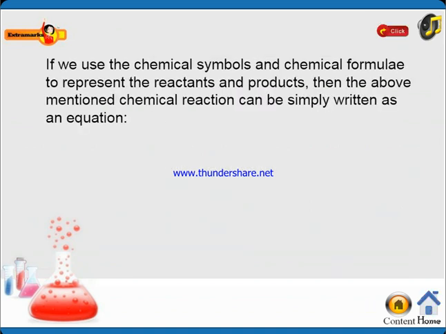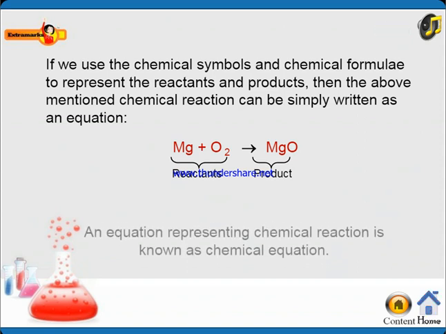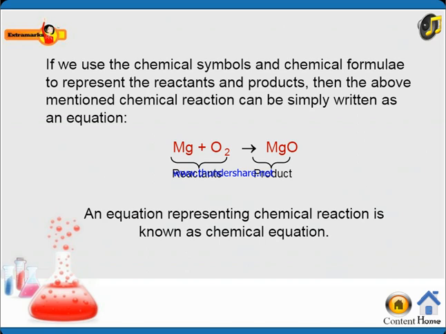If we use the chemical symbols and chemical formulae to represent the reactants and products, then the above-mentioned chemical reaction can be simply written as an equation. The equation that represents the chemical reaction is known as chemical equation.